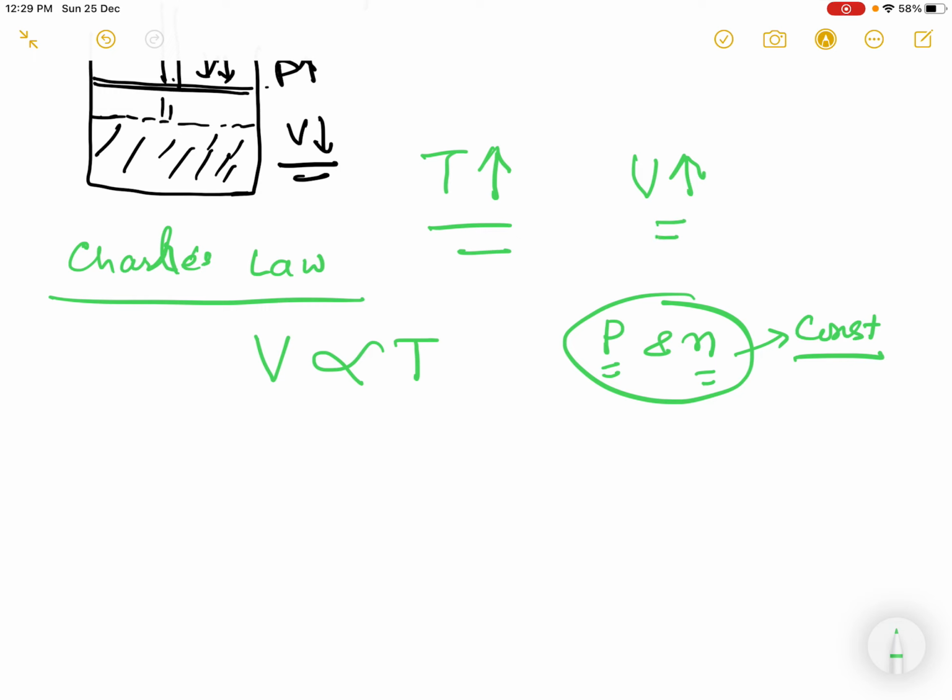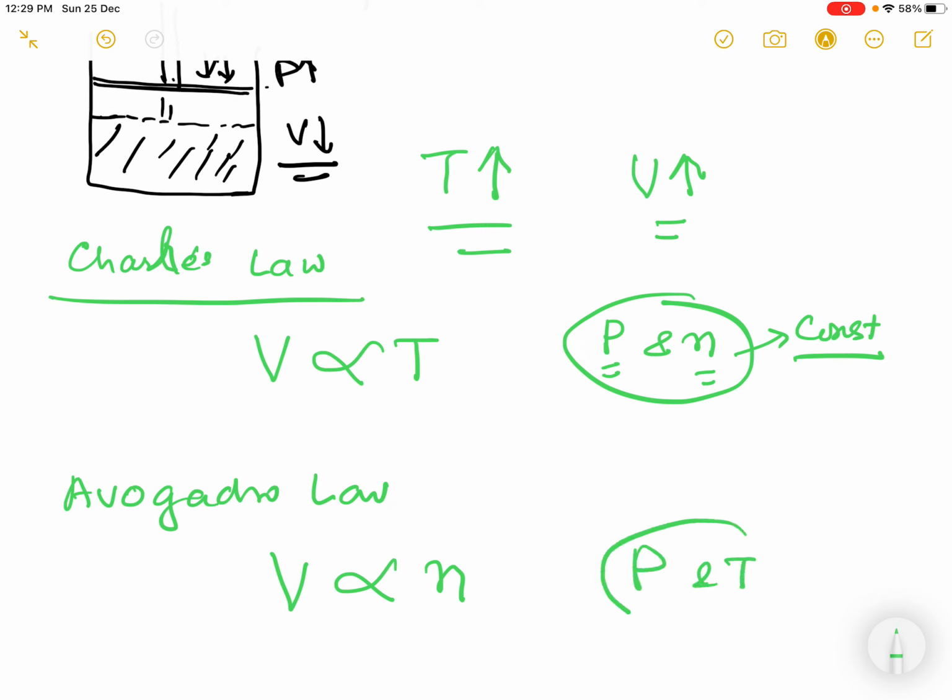Now third is Avogadro law. This is volume is directly proportional to number of moles, keeping pressure and temperature as constant.